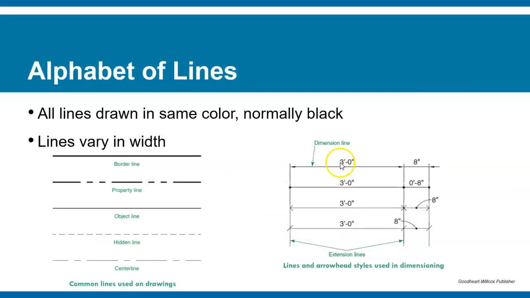Over on this side, these are different ways we can see dimension lines. These are all different ways that we see dimension lines, and these are all the different arrows. So you've got an actual fletched arrow, or it can be a dot that represents a point where those two lines intersect.